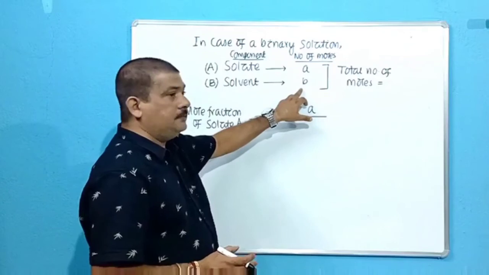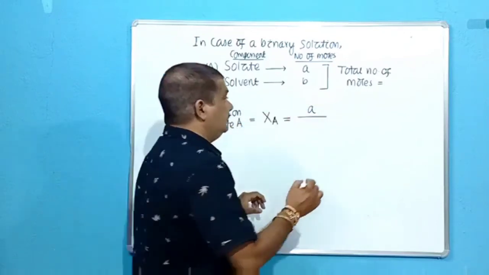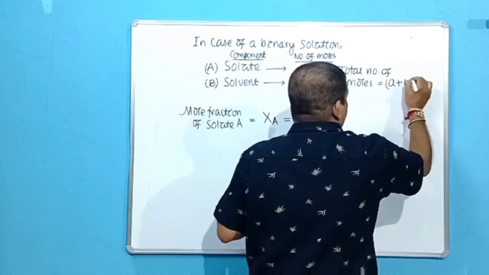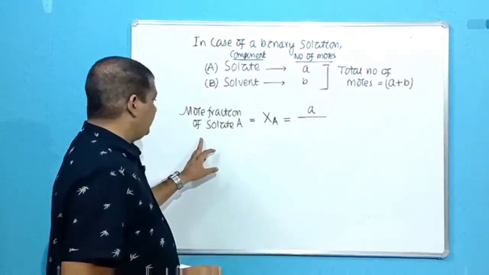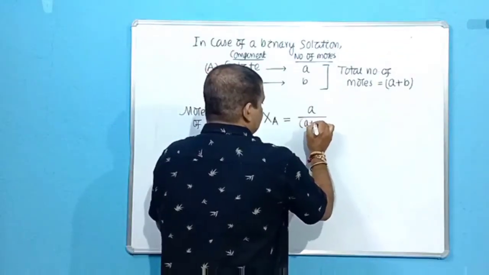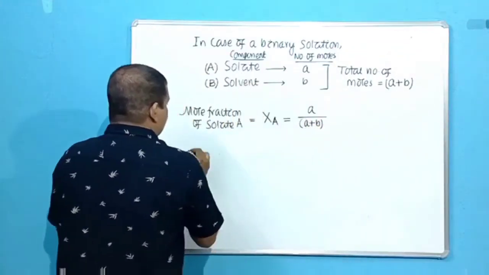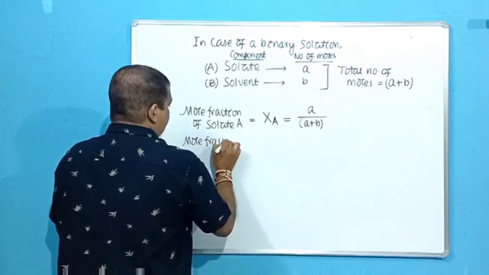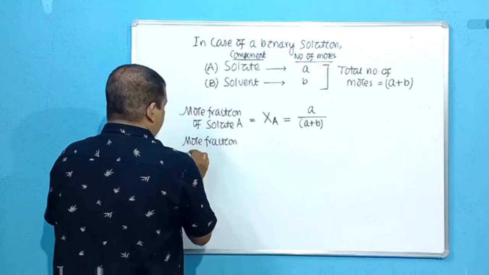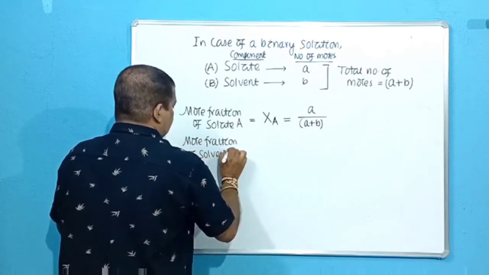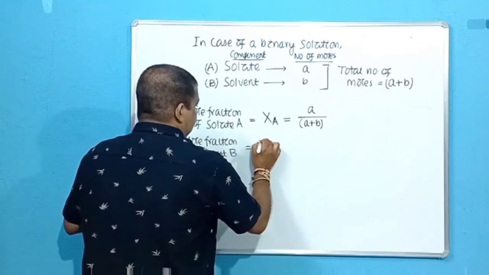So the number of moles of solute is A, the number of moles of solvent is B. So the total number of moles present in the solution will be A plus B. So the mole fraction of solute, XA, will be equal to A by A plus B. Similarly, the mole fraction of solvent B, how to write it?